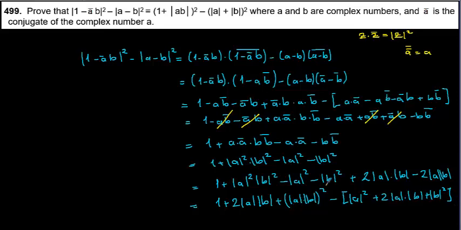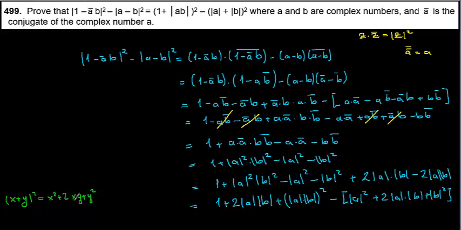For both of them I'm going to use the formula that you know: x plus y squared is equal to x squared plus 2xy plus y squared. This is 1 squared plus 2 times 1 times A times B modulus, then A times B modulus square.